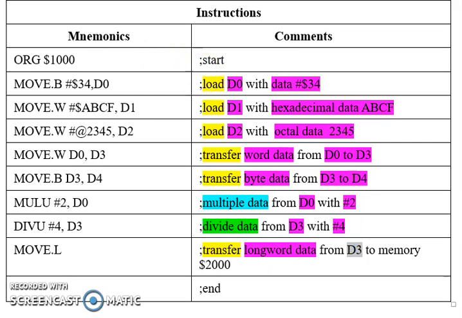When we have from, it will be our source, so D3 is our source, to memory 2000. Now our destination is no longer a data register. The destination is now a memory address. So what is the address? The address is 2000. We have completed this line.